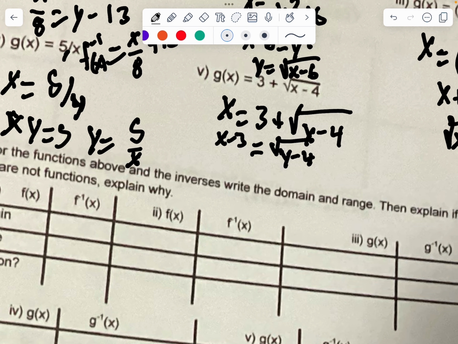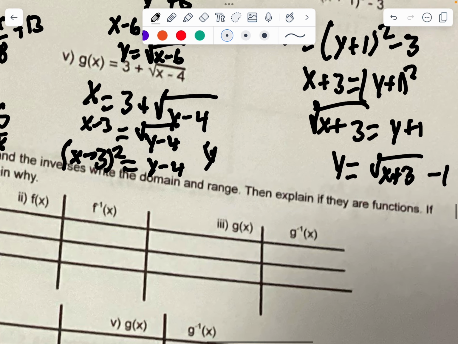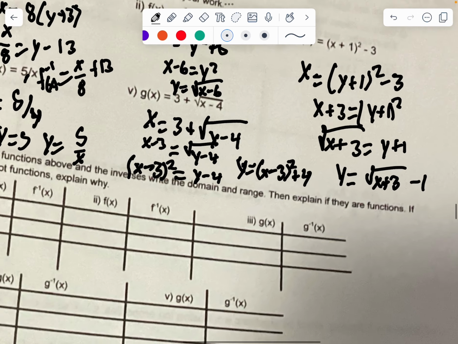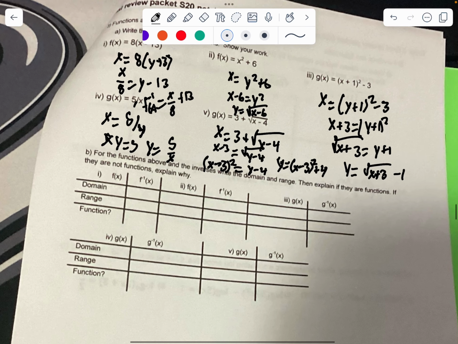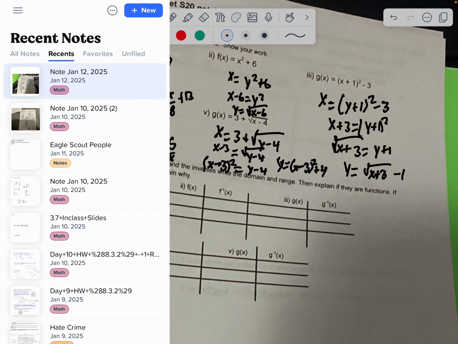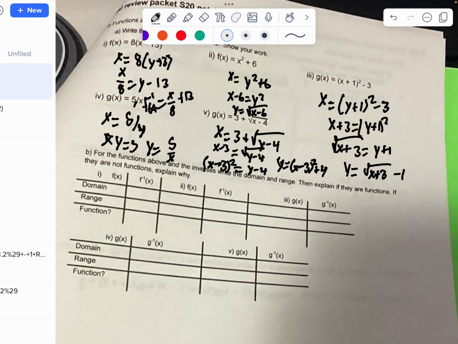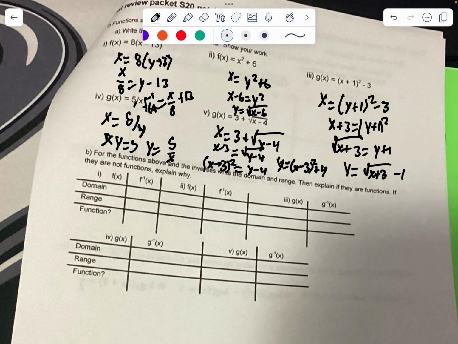Square both sides, so you get x minus 3 squared equals y minus 4. y equals x minus 3 squared plus 4. Alright, now we have all the inverses, and we're going to have to graph them to find the domain and range.